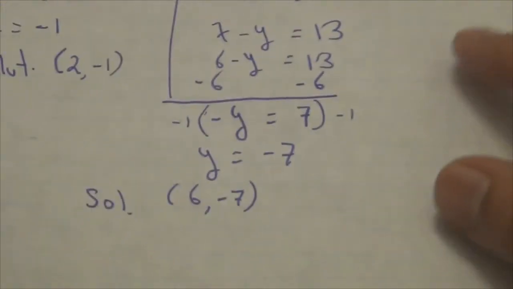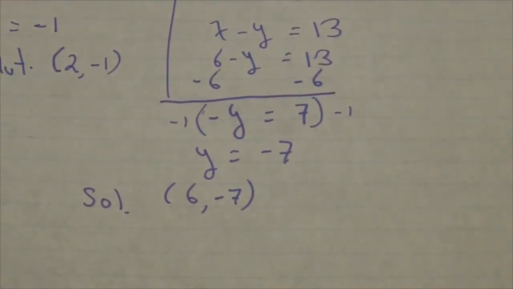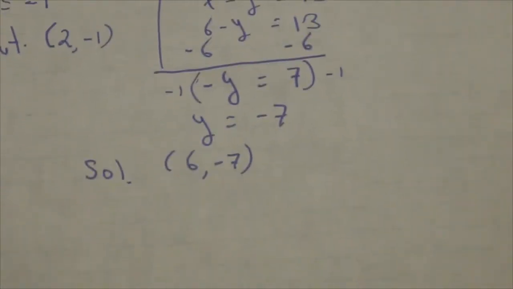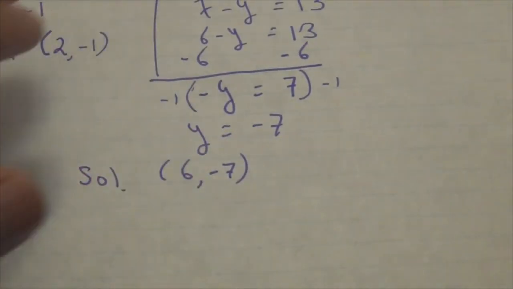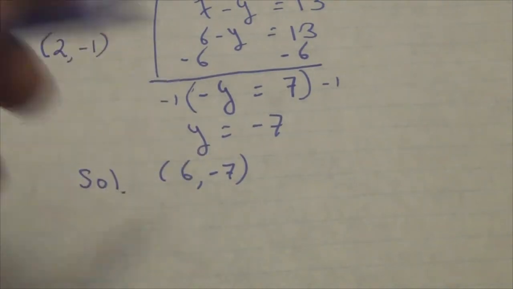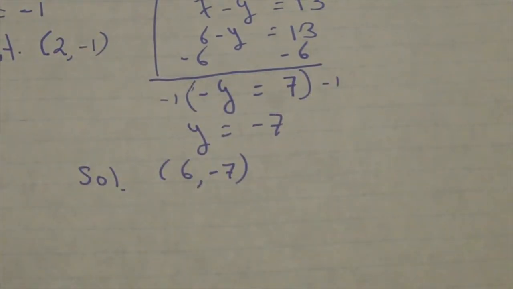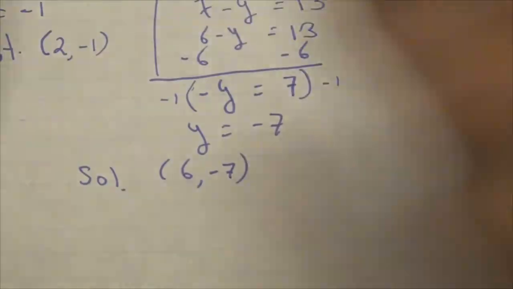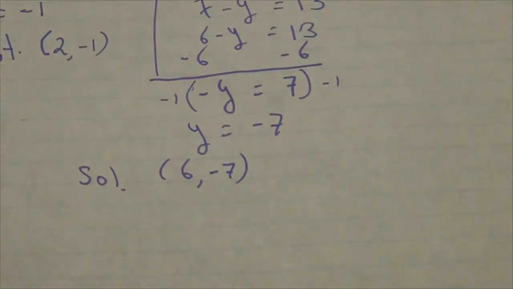Solution. Alright, so remember, the solution to a system of equations is the point where the two lines, the two curves as the calculator calls it, intersect. The point where the two lines have the same ordered pair. The point where two things are exactly the same.